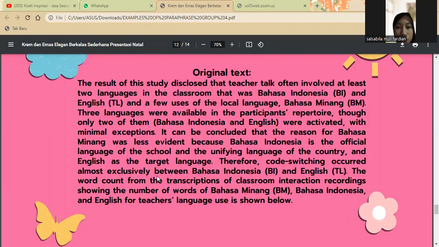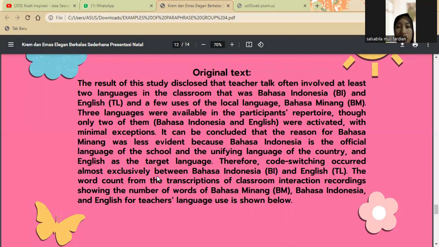Three languages were available in the participants' repertoire, but only two of them, Bahasa Indonesia and English, were activated, with minimal exceptions. It can be concluded that the reason for Bahasa Minang being less evident is that Bahasa Indonesia is the official language of the school and the unifying language of the country, and English is the target language.